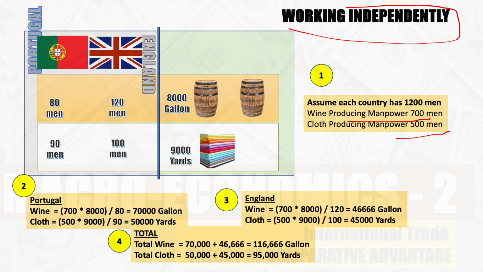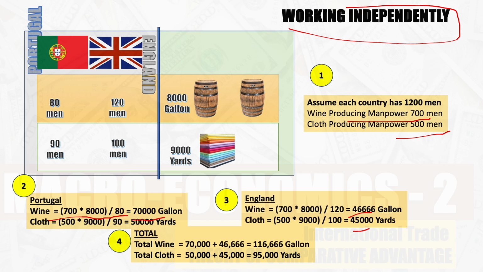So one man would produce 8,000 divided by 80, and 700 men would produce 700 into 8,000 divided by 80, which is 70,000 gallons. Same is the case with cloth, it is 50,000 yards. In case of England, the numbers become 46,000 and 45,000 respectively.